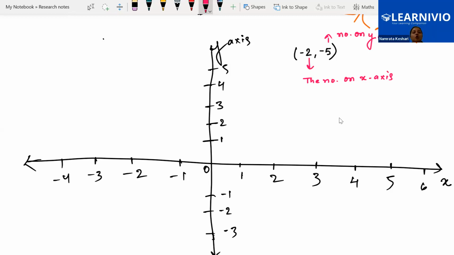We always start with the first one, the x coordinate, the abscissa. So -2 is the number we have to locate on the x-axis.